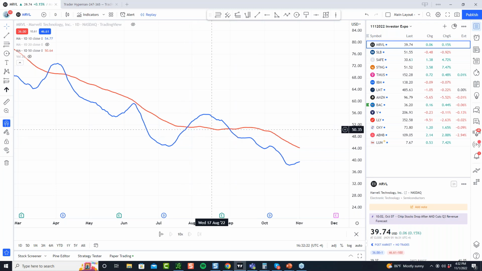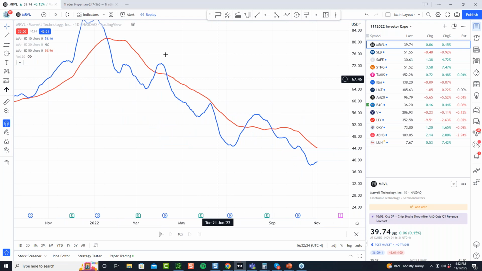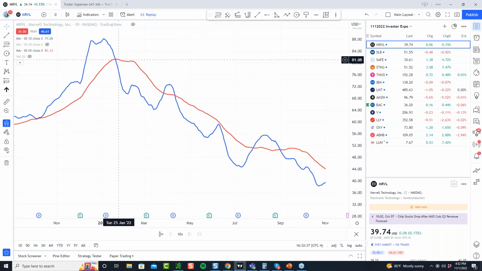The 50-day, if I scroll out here, you're going to find has less fast up, fast down movement. It's a smoother, less erratic line than the 10-day when you compare them. So when we start to see the 10-day cross down on the 50-day, you see what happens? This sets a reversal point of the trend.